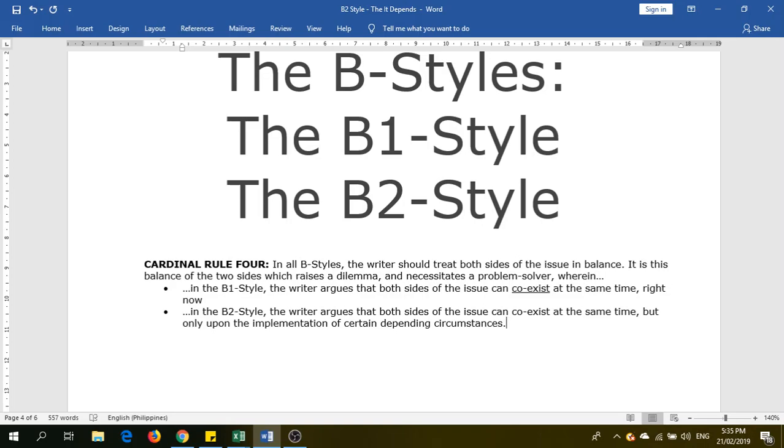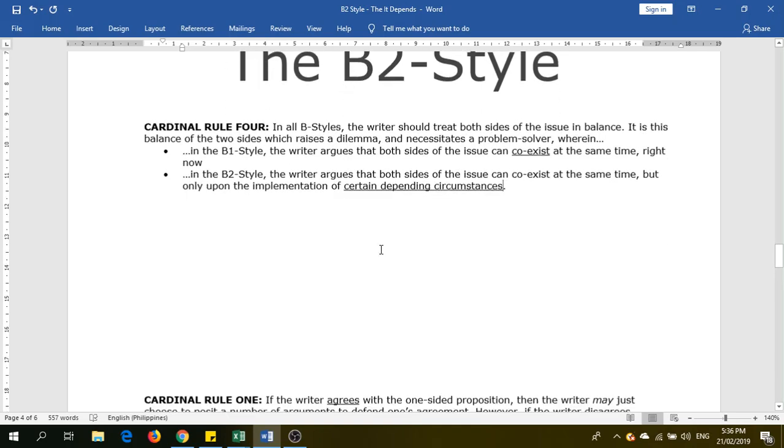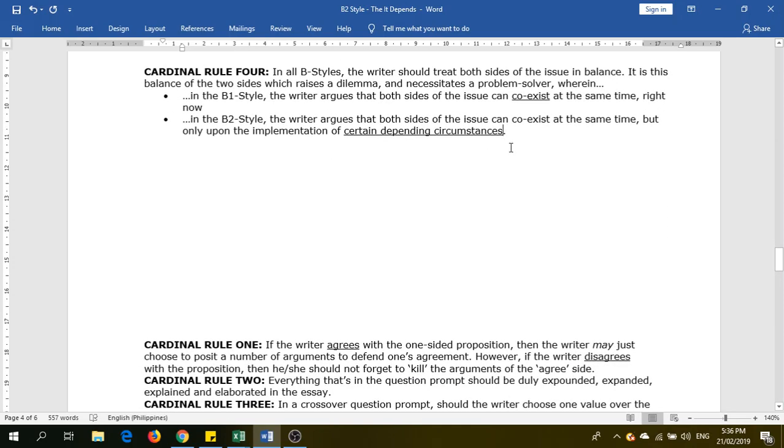So, simplified, this is now the it depends. You can argue that both can actually work, but depending on certain circumstances. They are the it depends. Let's underline all of that. Depending on certain circumstances.